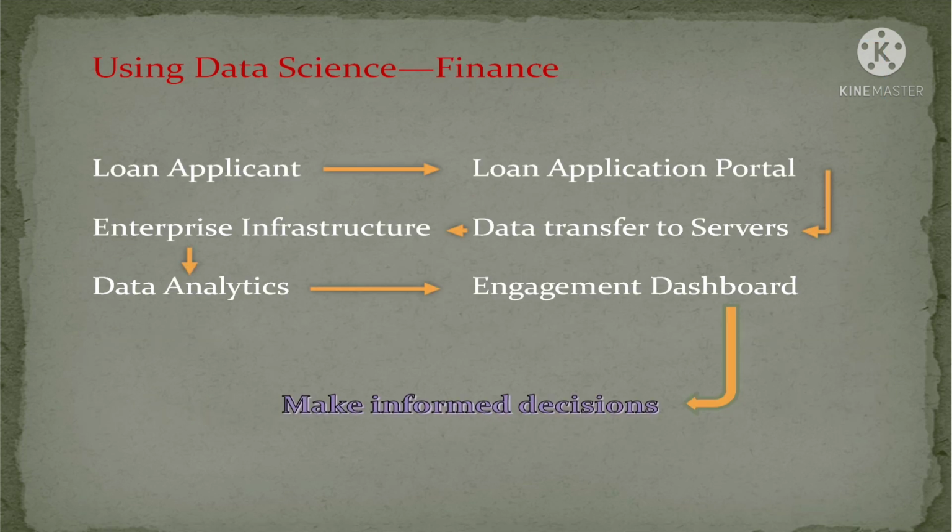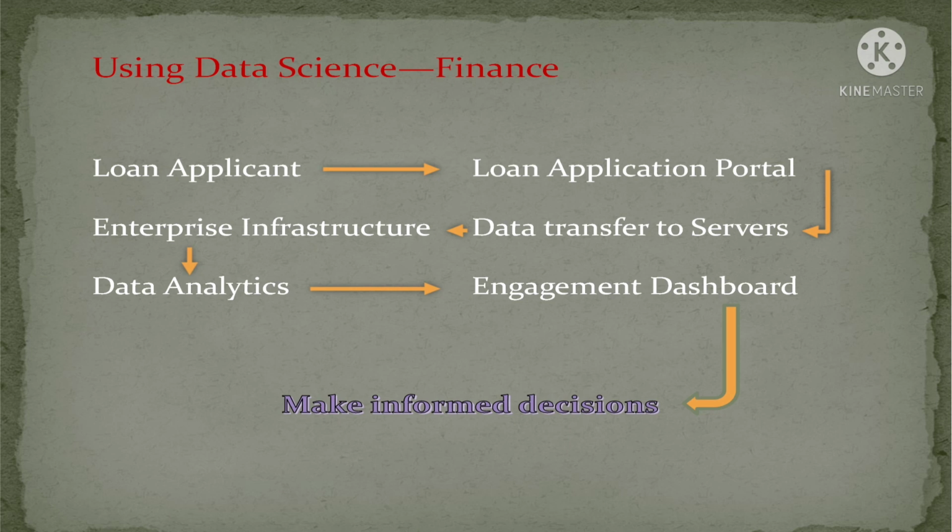Here, we can also use data science in finance. How can we use data science in finance? Suppose loan applicants fill in the form, and with the help of the application we collect this data and transfer it to the loan applications portal. The portal transfers the data to the server, and then the data is transferred from the servers to the enterprise infrastructure.